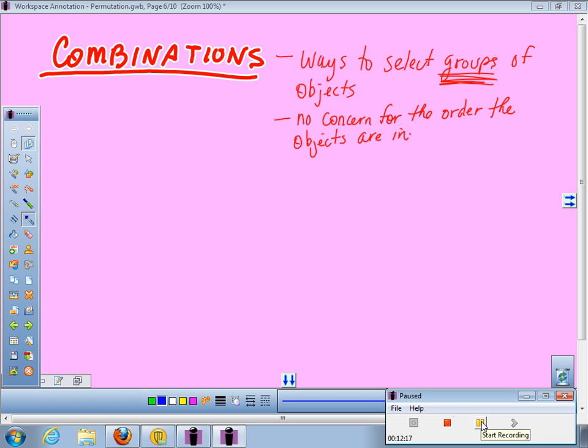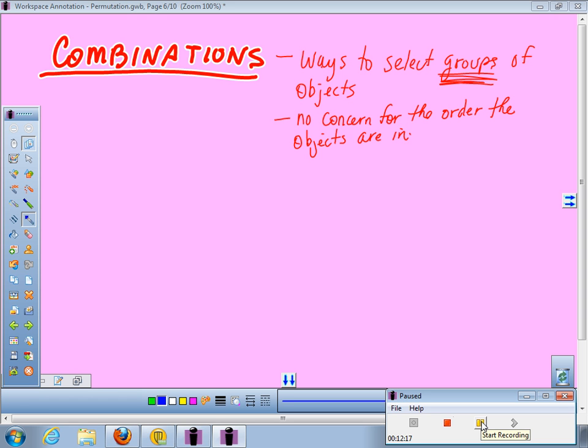Combinations, if you'll notice this definition, are ways to select groups of objects. Notice, you're selecting groups, that's a key factor, and you don't care what order they're in. You're not making patterns out of them. You just want to know how many different groups can I pick. A classic example, 12 people on the basketball team.